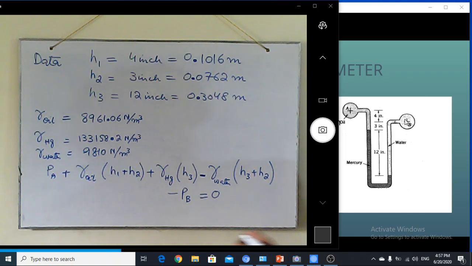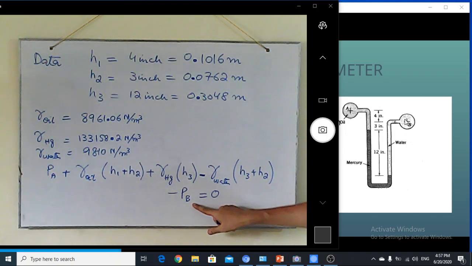Now I just put in all the values because I need to determine PA minus PB.